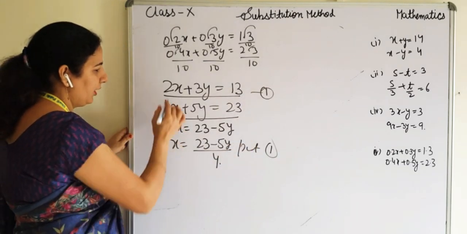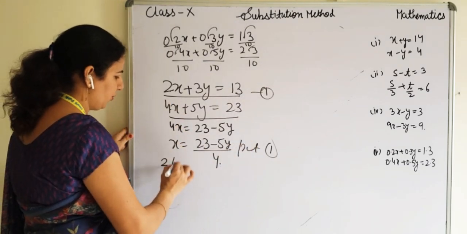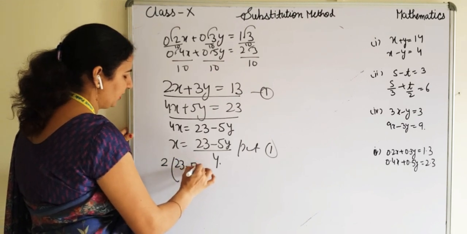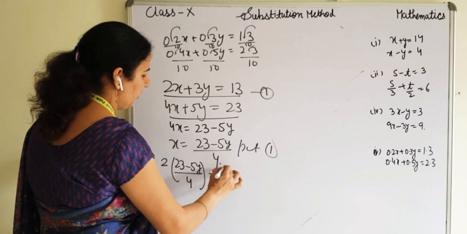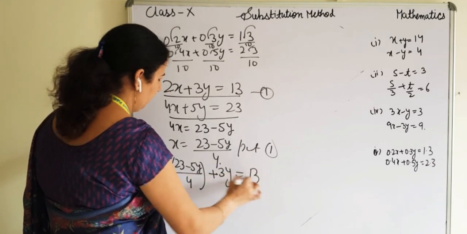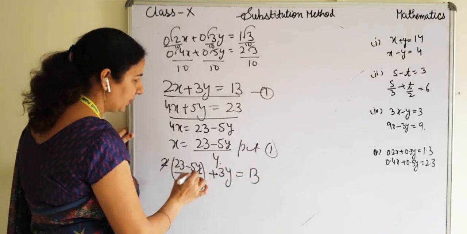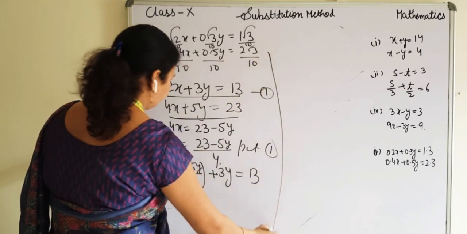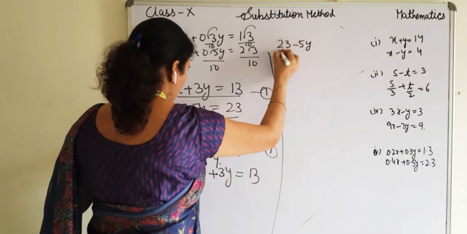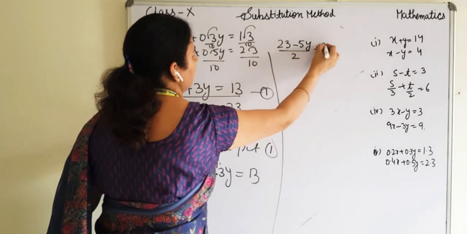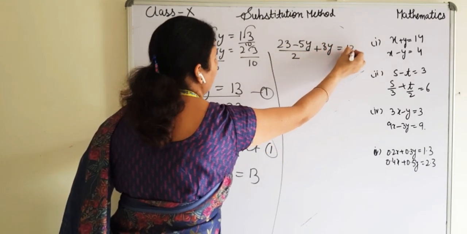Now when you put the value of this, 2 into 23 minus 5y upon 4 plus 3y is equal to 13. Cancel. So what we are getting here is 23 minus 5y upon 2 plus 3y is equal to 13.